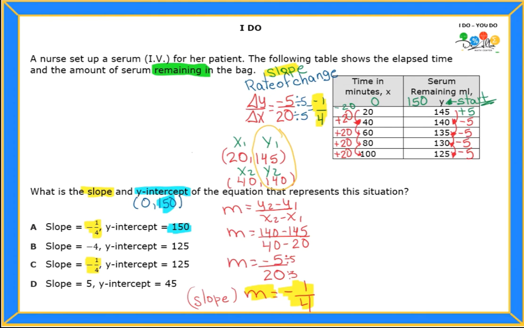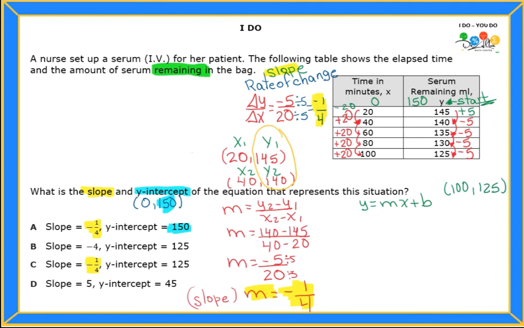Well, I want to confirm that my y-intercept, it is 150. So for that, we're going to write down the equation for the slope-intercept form. I'm going to choose one of the points. Now remember, no matter what point I choose, I should get the same answer. So I'm going to choose a big number. I'm going to choose 100 and 125.